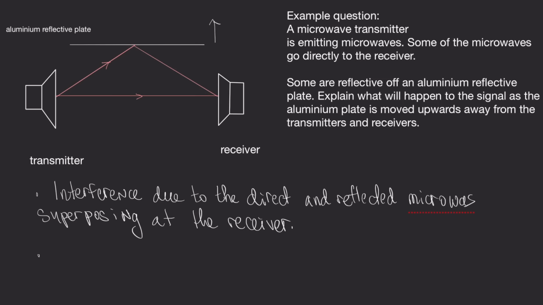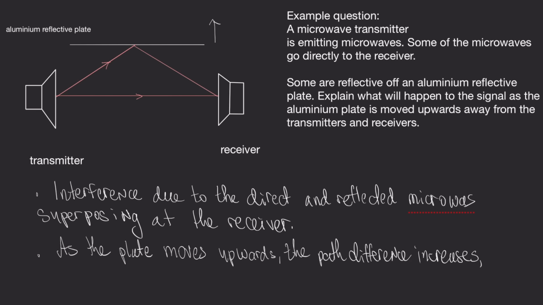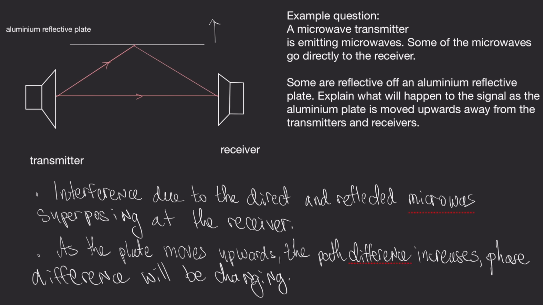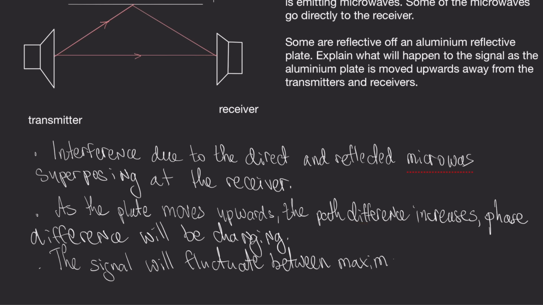So what we're going to say is that as the plate goes up, the path difference increases, which also means that the phase difference will be continuously changing. The signal itself will fluctuate between maxima and minima. This signal typically is actually the reading of a sensitive ammeter that's connected to the actual receiver.